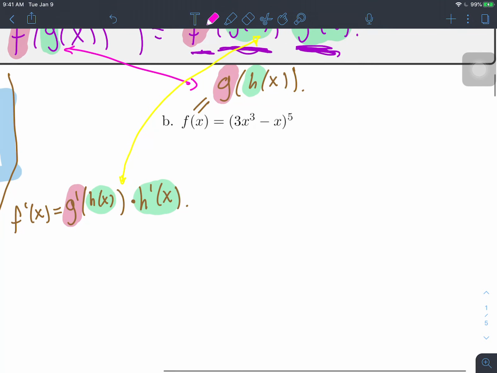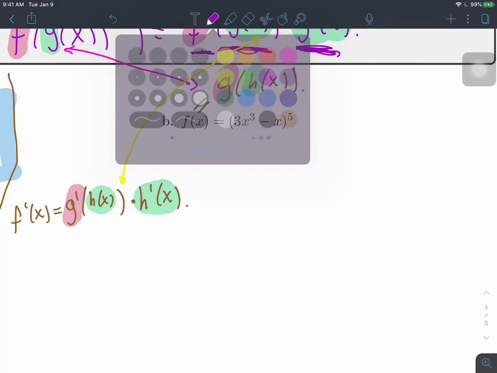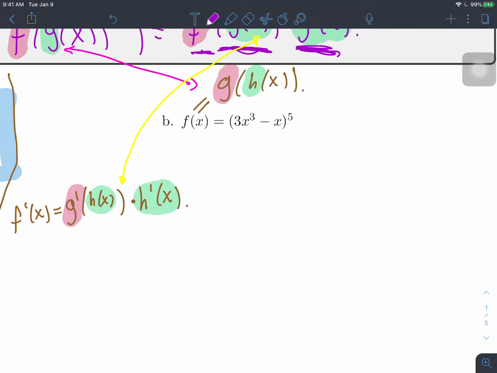So, okay, I've belabored this enough. Let's actually do it. And we're going to use g of h of x. So, g of z is going to be something, and h of x is going to be something. And h, remember, is taking the place of my inside function. I want to work from the inside out, so the first thing I have to do is figure out what the inside function is. What is it?